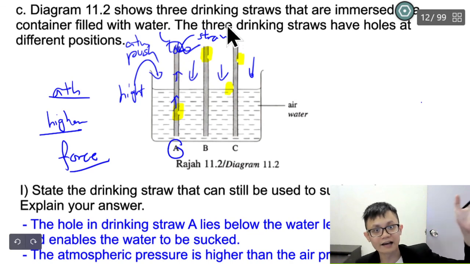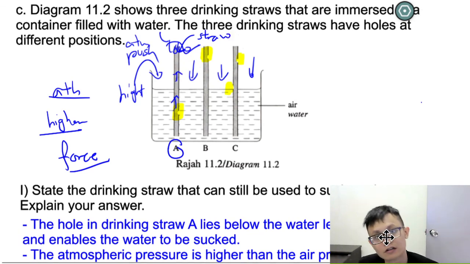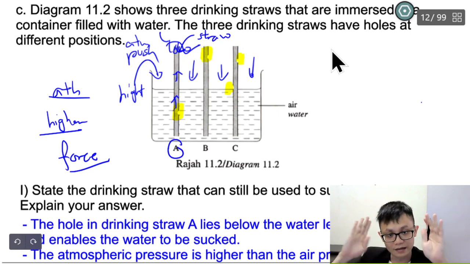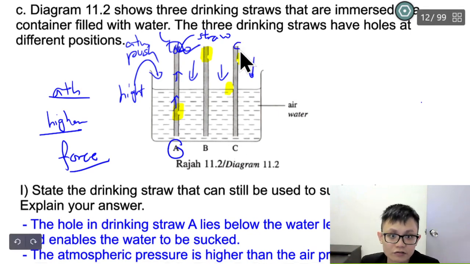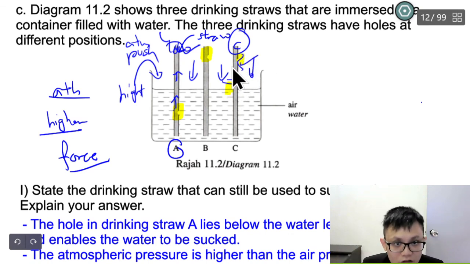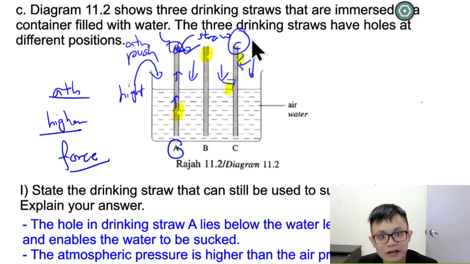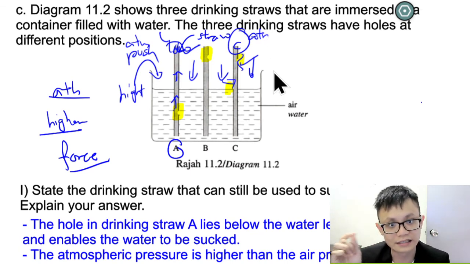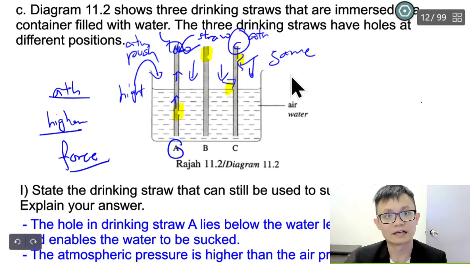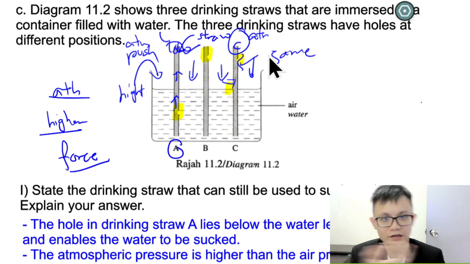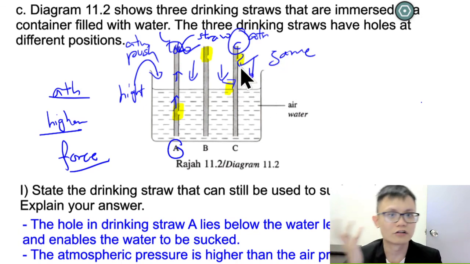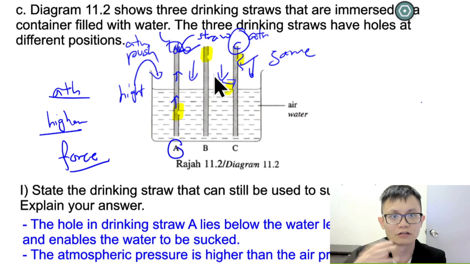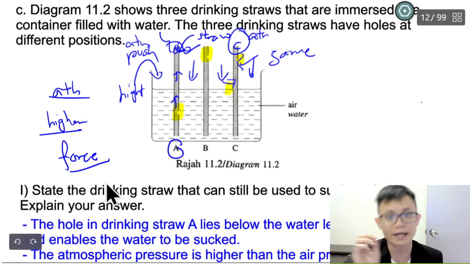So the higher atmospheric pressure will push towards the lower so that they get balanced. If here is the hole, you suck and suck, you suck nothing, you suck the air in. Why does the water not go in? If you want to explain, the air pressure inside the straw is the same as outside, correct or not? Each time you suck, the inside of the straw and outside still have the same atmospheric pressure, so there is nothing to push the water in. Okay, so this one is like that.